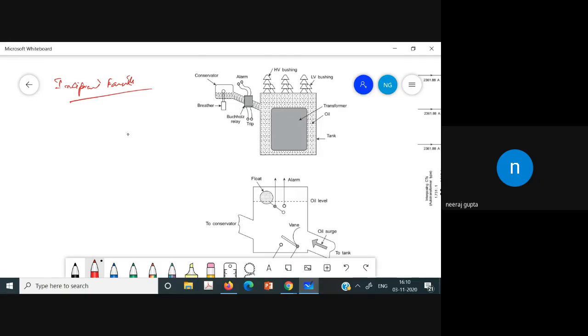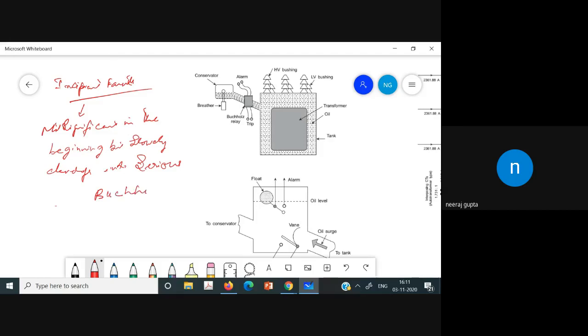Incipient faults are the faults which are not significant in the beginning, but slowly develop into serious faults, and the Buchholz relay is used for that very purpose.